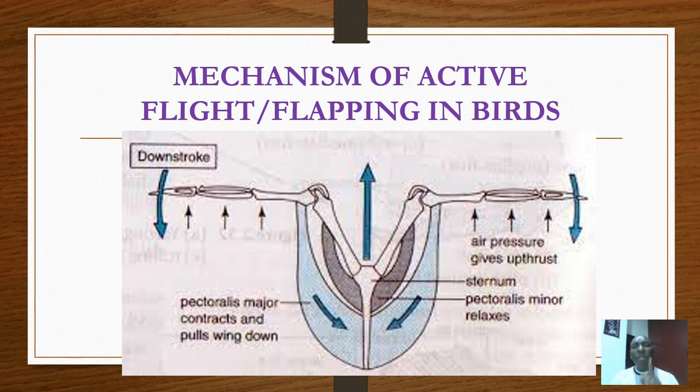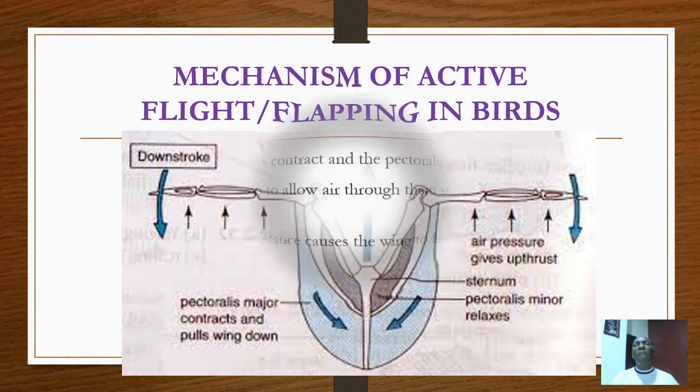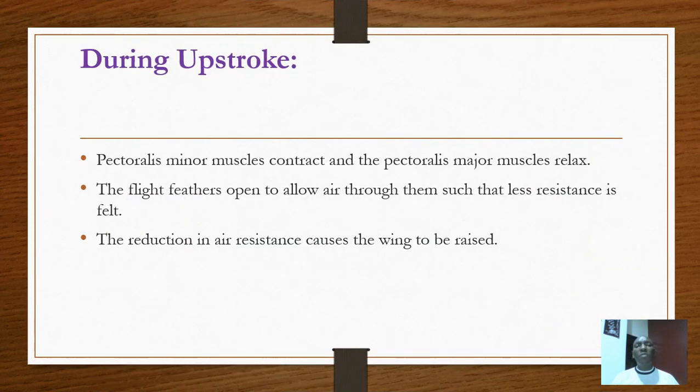We now move to the mechanism of flapping in birds, which involves downstroke and upstroke. During upstroke, what happens? The pectoralis minor muscles contract. Remember, minor and the elevator. The pectoralis minor muscles contract, while the pectoralis major or depressor muscles relax.